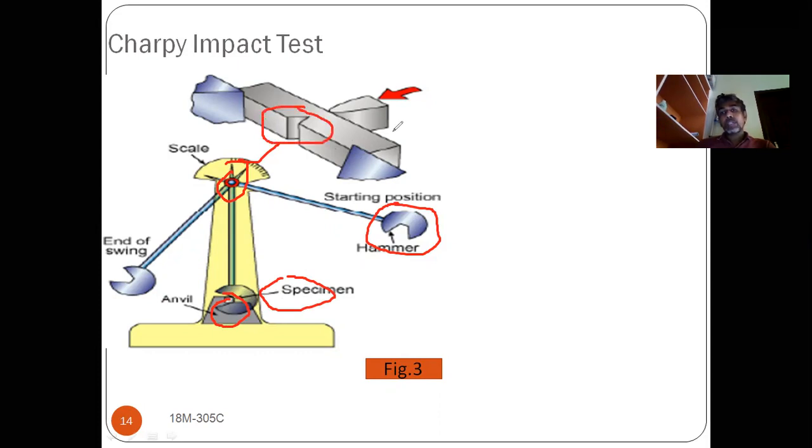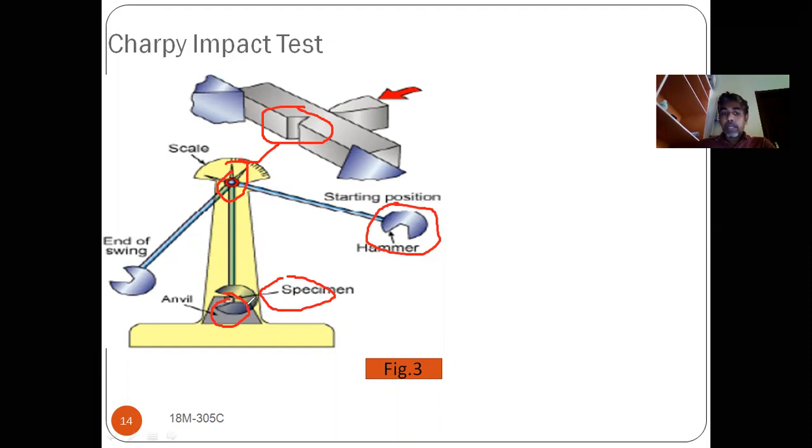So how will the specimen look? You have a specimen like this with a V notch here, and the load is applied on the back side of the notch, not on the same side, in the Charpy impact test. You keep the specimen here, lift the hammer to a certain height, and release it.